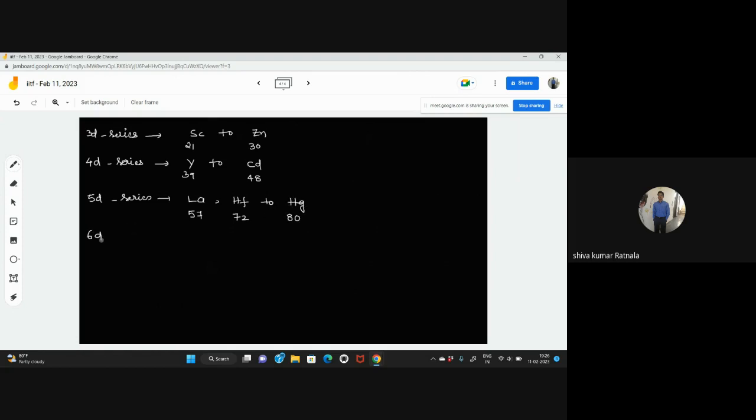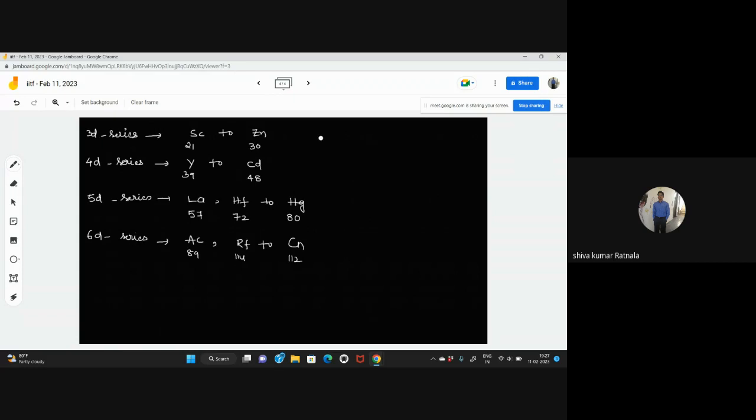And 6D series means actinium 89, from thorium 90 to 103 called actinides, and after that rutherfordium 104 to copernicium 112. This is called a series. That means depending on which series the element belongs to, we can say 3D series, 5D series, like that we can write.